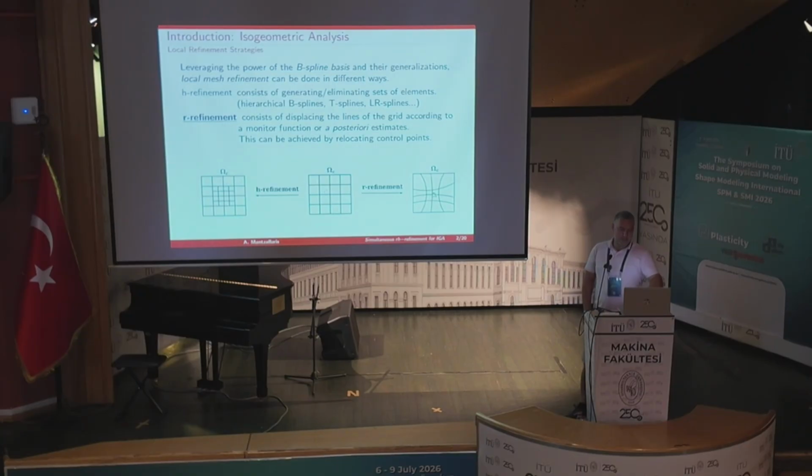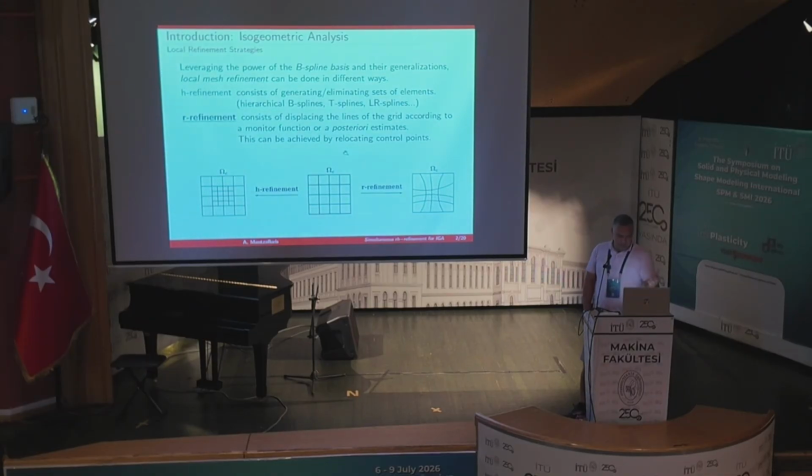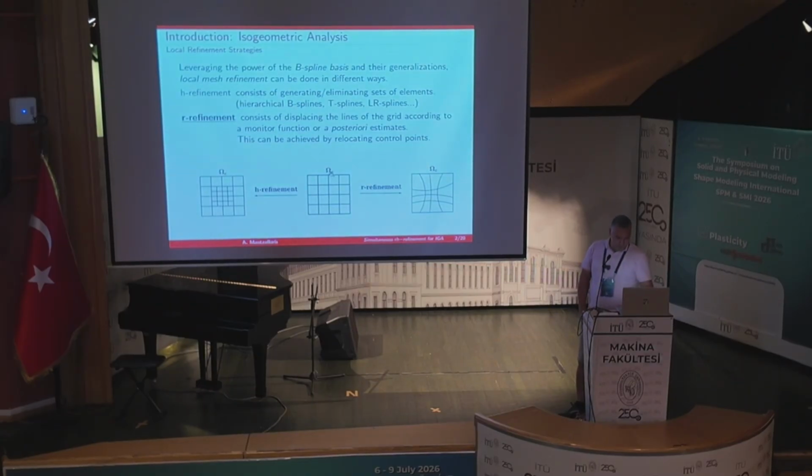This implies contracting, say, the isoparametric lines, so you have new elements, a new subdivision that concentrates, as you see here, in the middle. So this is the R refinement. This is a relocation of the nodes, because in our finite element analysis, these are just nodes that will be used for the numerical simulation.